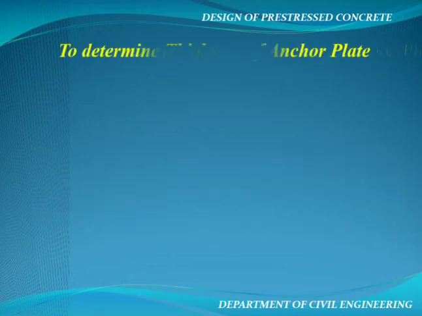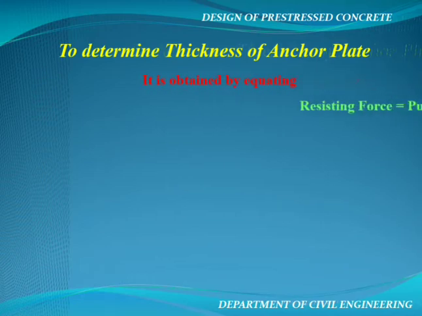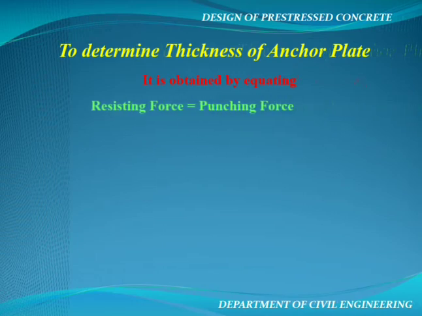So next is to determine the thickness of the anchor plate. Now this is the change, this we are solving for the first time. It is obtained by equating resisting force equal to punching force. The resisting force is equal to P effective, which is 46.18 into 10 raised to 3.